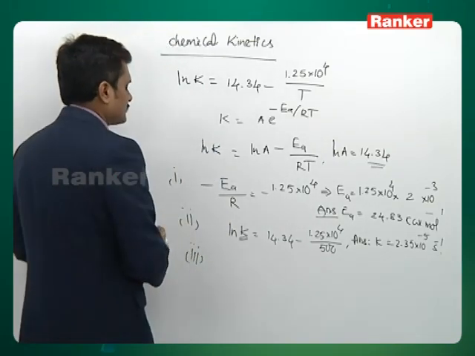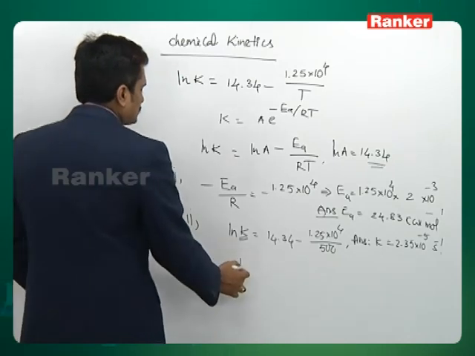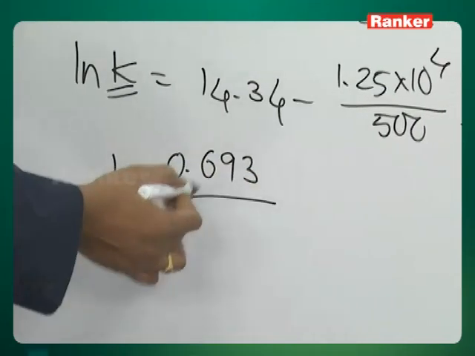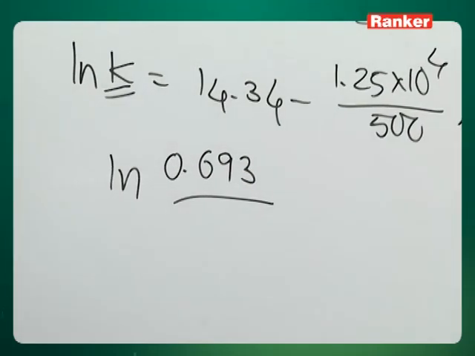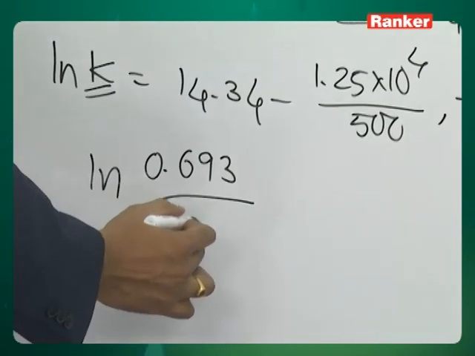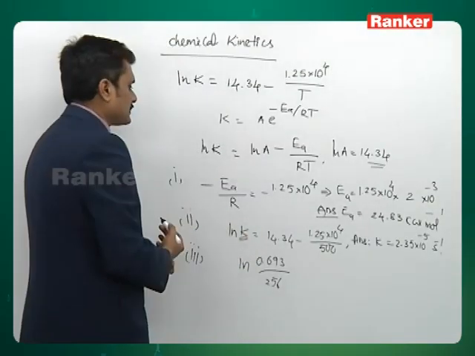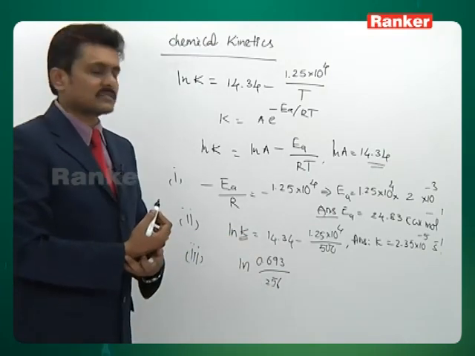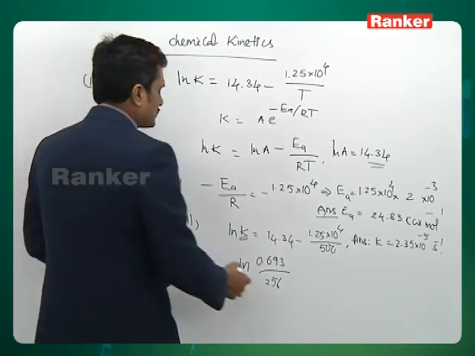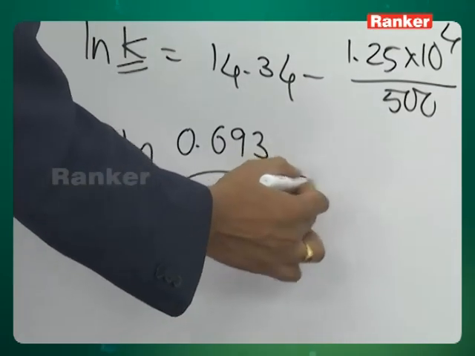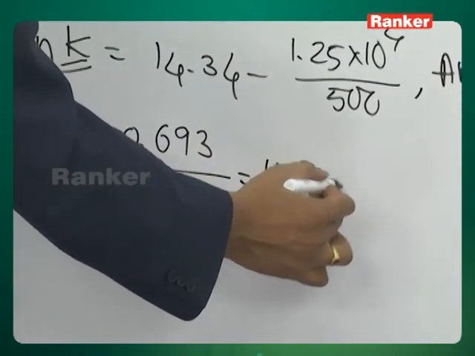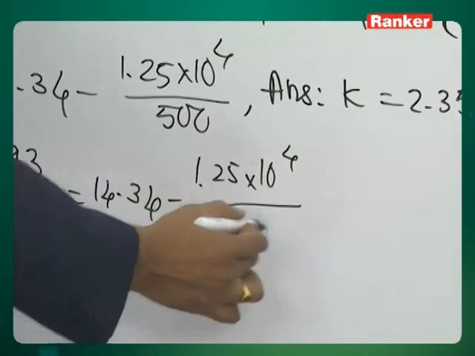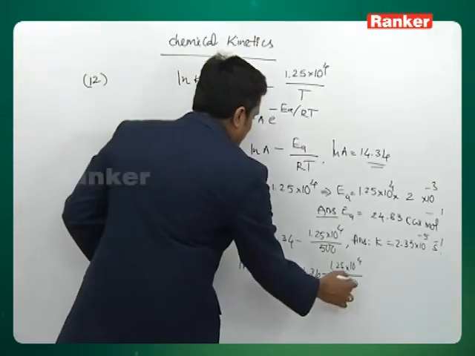So, here I substitute the K value: if it is a first order reaction, 0.693 upon T half, where T half is given as 256 minutes, which I am going to convert into seconds, is equal to 14.34 second inverse minus 1.25 into 10 to the power 4 divided by T. So, you have been asked to find the value of T in this case.